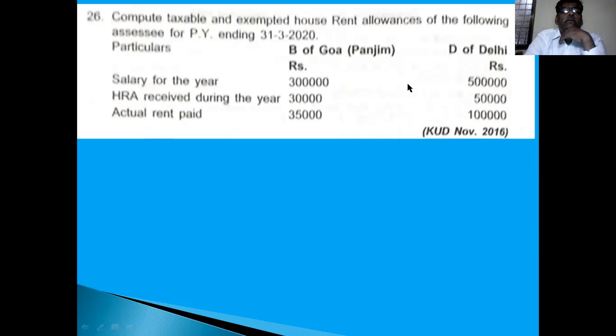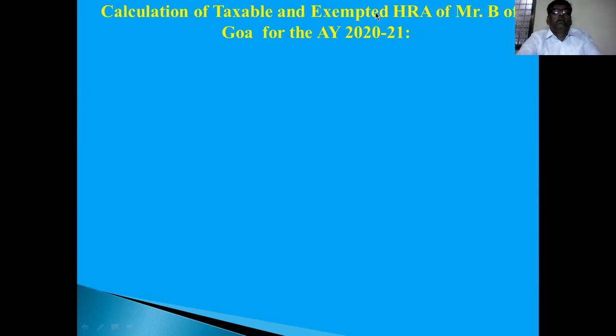And D of Delhi. Salary is given. HRA is given. And actual rent paid is also given in the problem. Then you calculate one by one. First, I will calculate B of Goa for the assessment year.